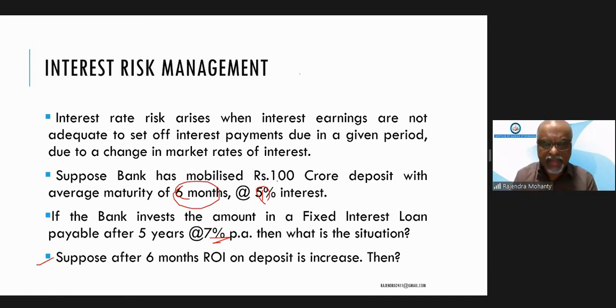So the mismatch in each time bucket is measured as a gap between the rate sensitive asset and rate sensitive liability. We have done that. And this mismatch is measured either in absolute terms or as a sensitivity ratio, whatever is possible. So basically, we will measure in absolute terms and multiply with the assumed rate of interest and find out the impact on the NII.